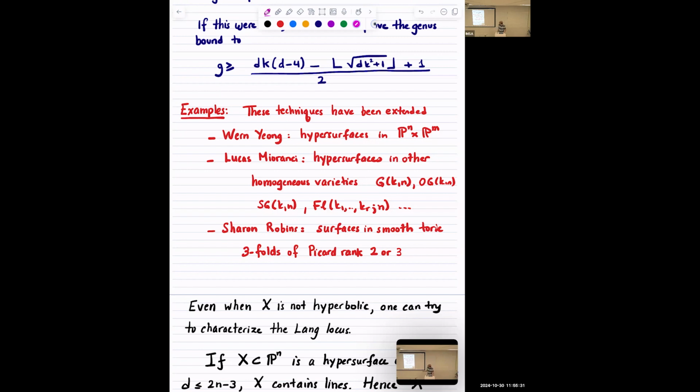A student of mine, Luca Mioranci, studied hypersurfaces in homogeneous varieties like the Grassmannian, orthogonal Grassmannian, symplectic Grassmannian, and so on and so forth. And then a student of, I believe, Ilten, Sharon Robbins, studied surfaces and smooth toric triples of Picard rank 2 or 3.